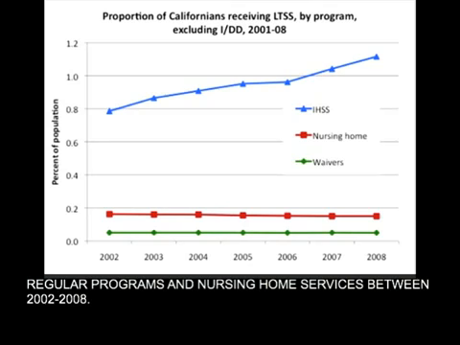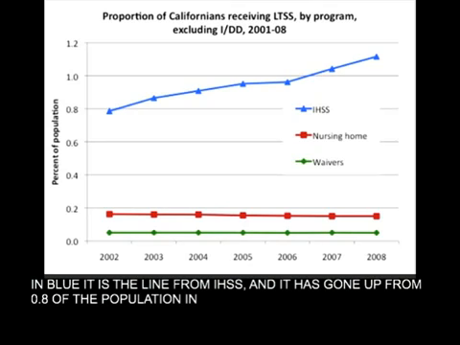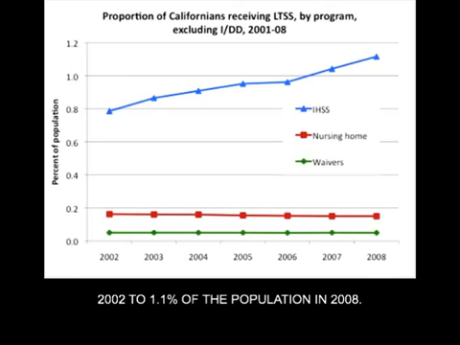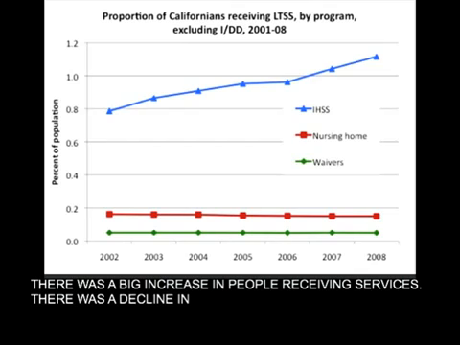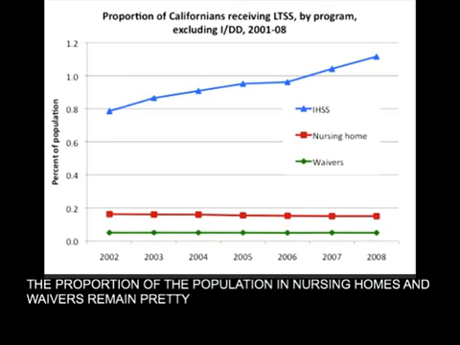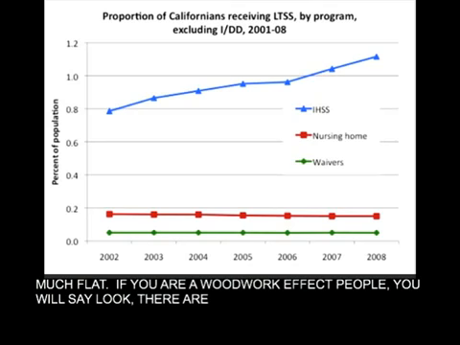In blue is the line for IHSS, and it's gone up quite a bit from 0.8% of the population in 2002 to 1.1% of the population in 2008. So there was a big increase in the number of people receiving services. There was a decline, you can't see it so well on this graph, but there was a fairly substantial decline in the proportion of the population in nursing homes over the period, and waivers remained pretty much flat.